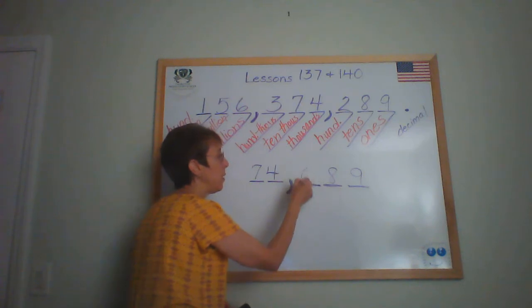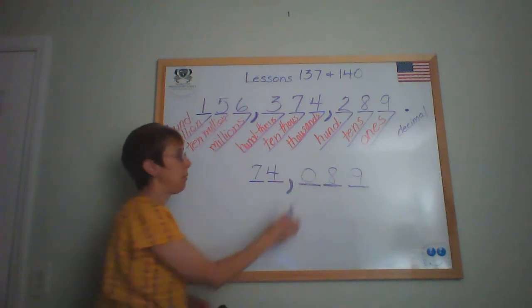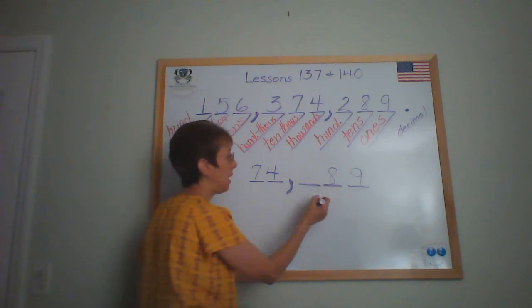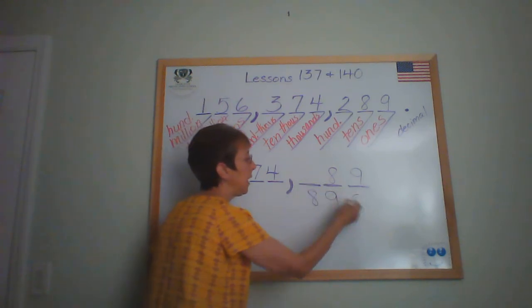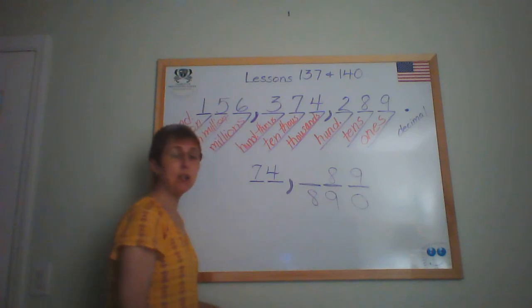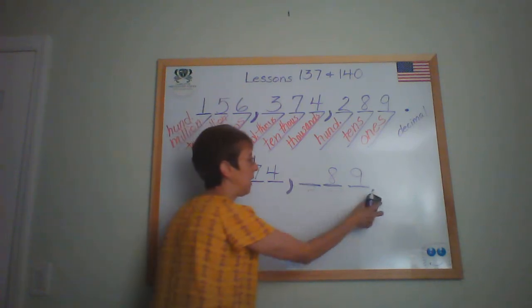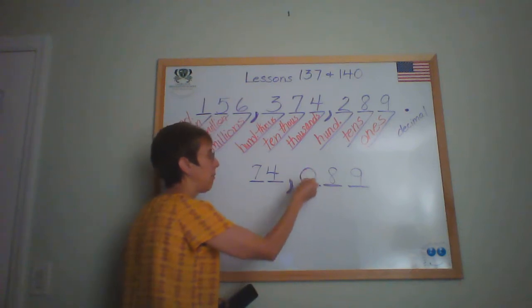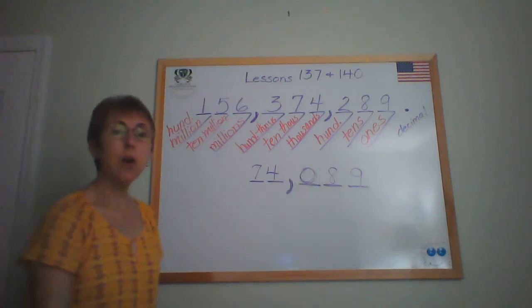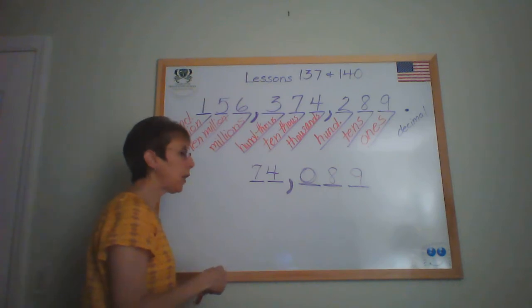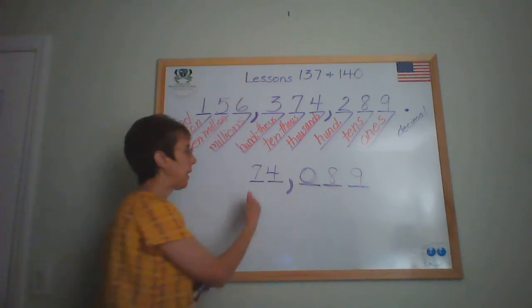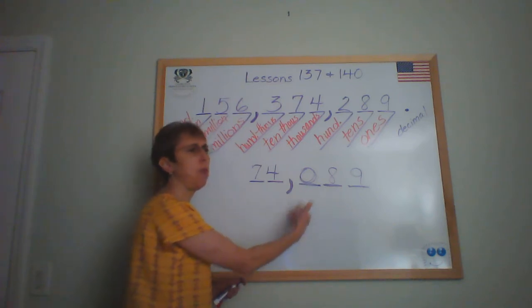89, you need to fill in with the 0 in front, because if you place the 0 anywhere else, it wouldn't be 89. If you placed it here, that's now 890. That's not the same as 89. So the 0 has to be filled in here. That's the hardest thing, that often you hear certain numbers and you think you only have to write down the digits you hear, like 74,089, 7489.